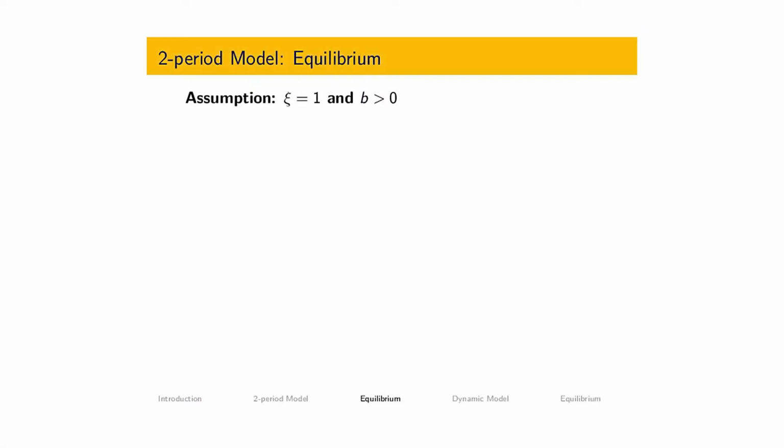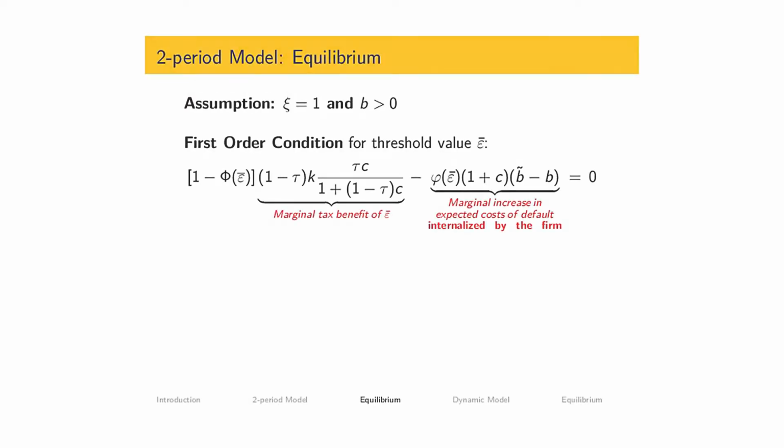And it's interesting because we write down the same first order condition. The tax benefit is on the left-hand side, and the only thing which changes is the right-hand side, the marginal increase in expected default costs. The firm still fully internalizes the whole tax benefit of debt, no matter if it's old debt or new debt, you get the same tax benefit.